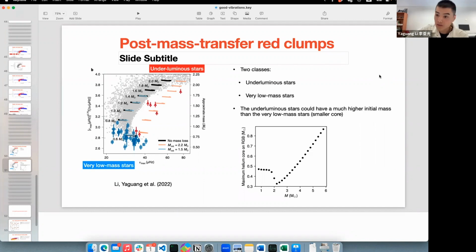And with respect to the chemical signatures, we did look at, for example, lithium abundance of these stars, as well as the carbon-nitrogen ratio of these stars. And a large fraction of these stars do have chemical anomalies. So yeah, to be honest, we have no clue how these stars form at the current stage. So if you have any better ideas or theories to explain their formation, I'd really love to hear about that.